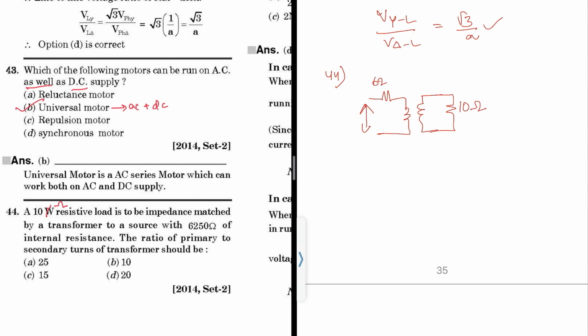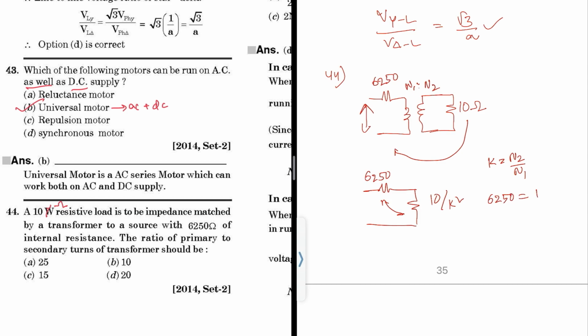This is 6250, N1 is to N2. If you transfer this here, 6250 and this is 10 by k square, where k equals N2 by N1. For impedance matching, these two will be equal, right? So 6250 equals 10 by k square.